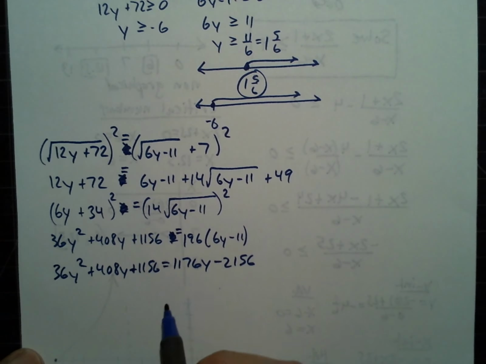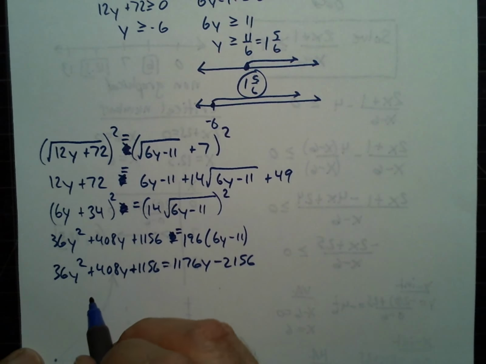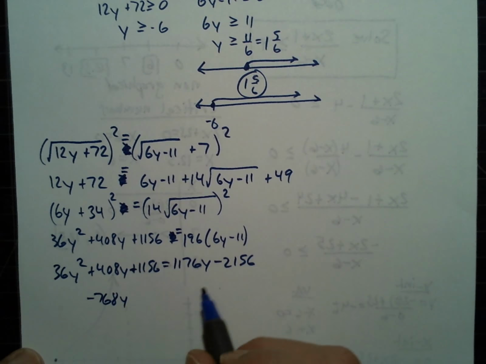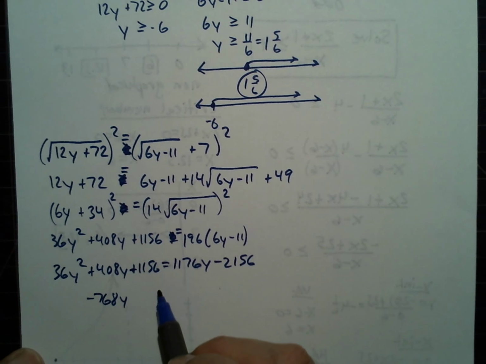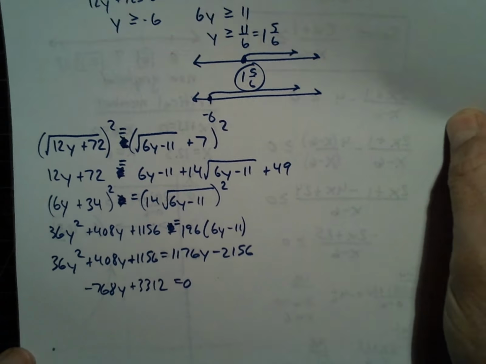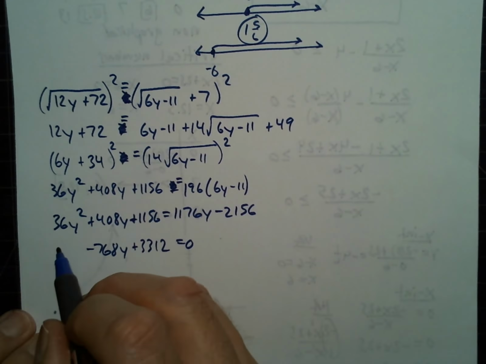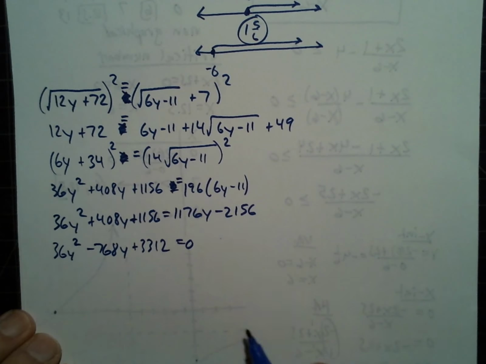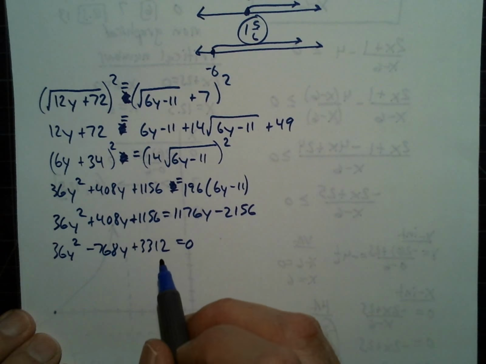Alright, subtract that to the other side, negative 768. Add this to the other side, and we get 3312. And we can divide everything by 4. Divide everything by 4.